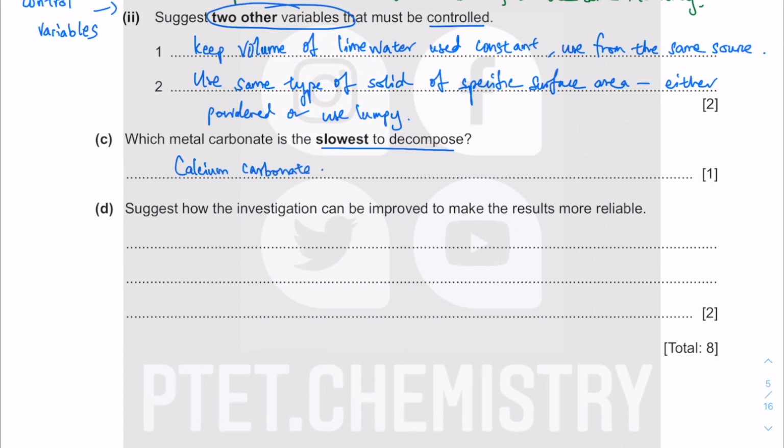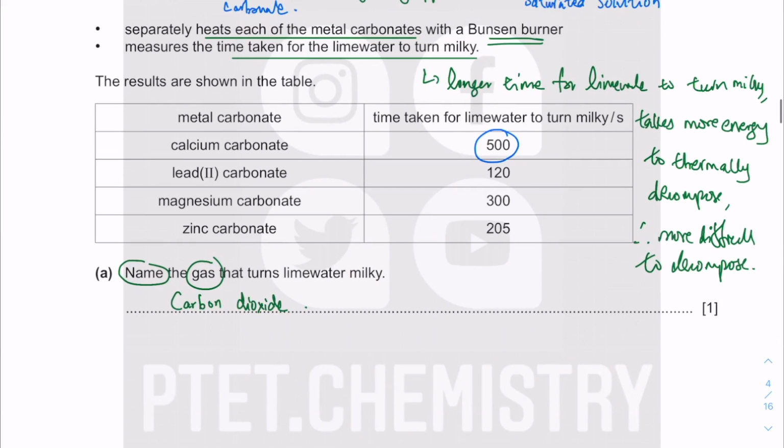Suggest how the investigation can be improved to make the results more reliable. Reliability is to do with, can you reproduce it? If someone else does this experiment another day, can the person get the exact same result? So if you do this a second time, can you get the same result? And therefore, to ensure that you can get the same result, you will repeat the experiment. Here you only did it the first time.